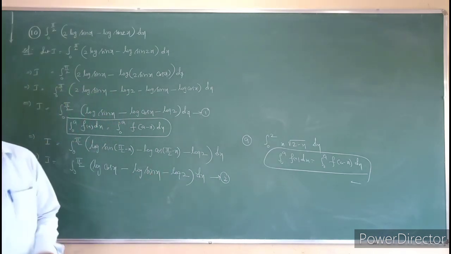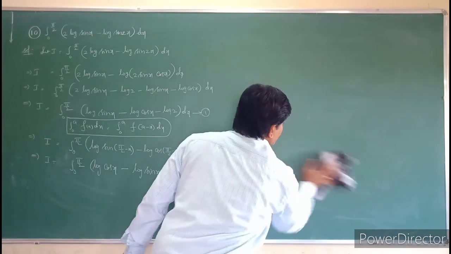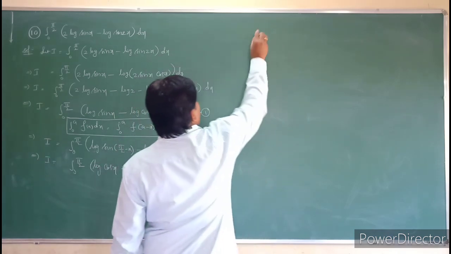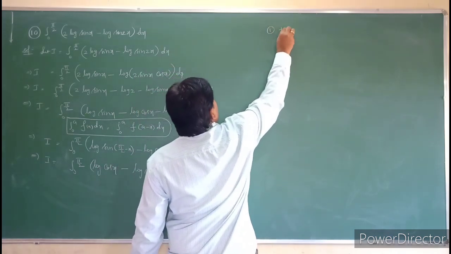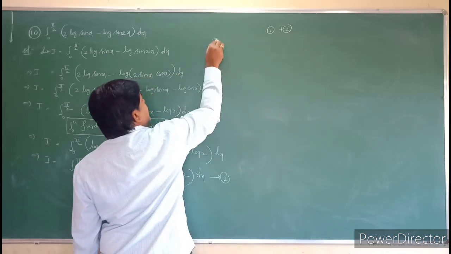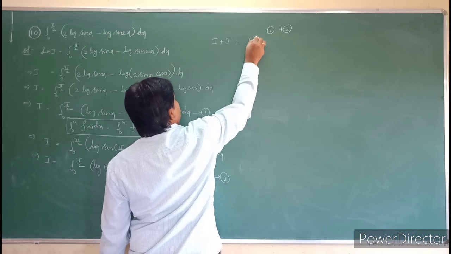So what happens, students? I will add equation 1 and equation 2. So what will we get? Equation 1 plus equation 2. So I plus I is equal to integral 0 to pi by 2.